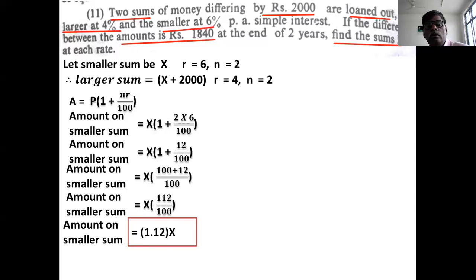This is the amount on the smaller sum at the end of the second year.